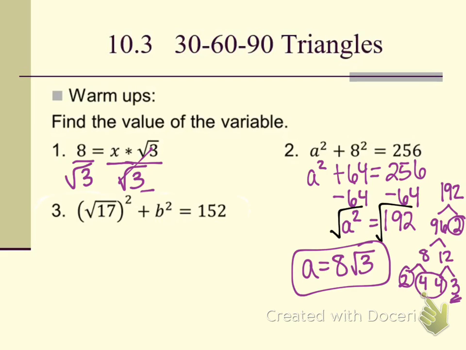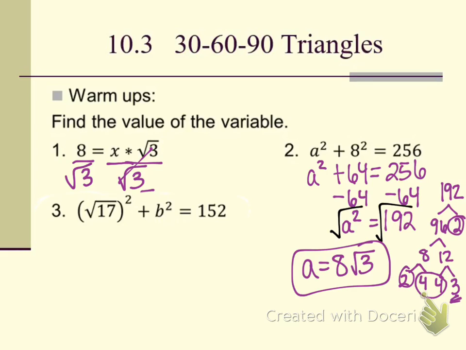All right, on number 3, again, this looks like a squared plus b squared equals c squared, or some variation of it. So the first thing we need to do is square the square root of 17. If you square a square root, what happens? It's that same number. Those undo each other.